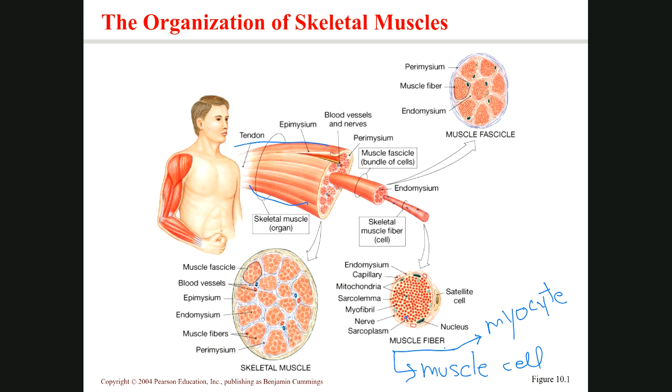The connective tissue that surrounds an entire muscle is the epimysium. Next time, if you're preparing a roast or a big piece of meat, notice the translucent membrane that sometimes covers the outside of the piece of meat. That's the epimysium. Then you take the muscle and look at how it's organized.